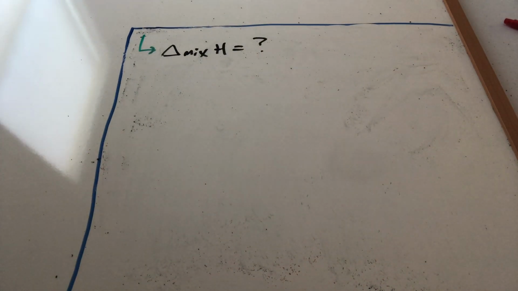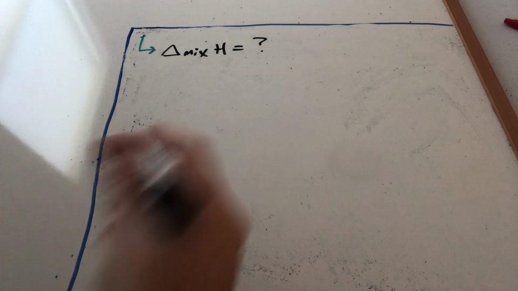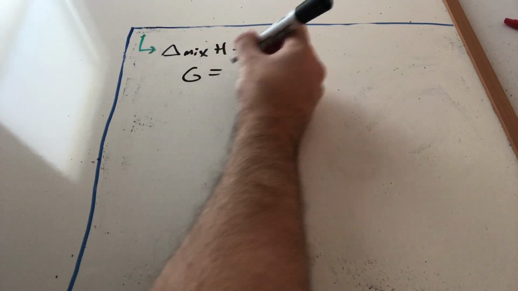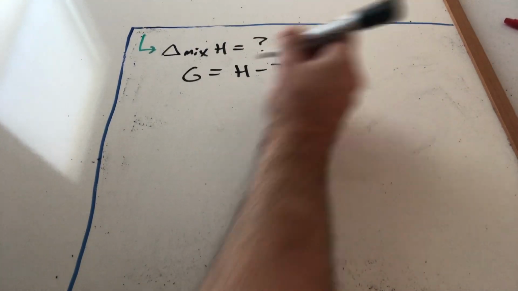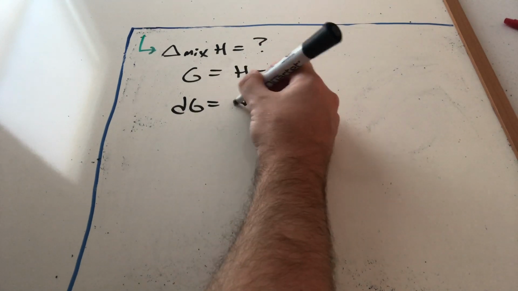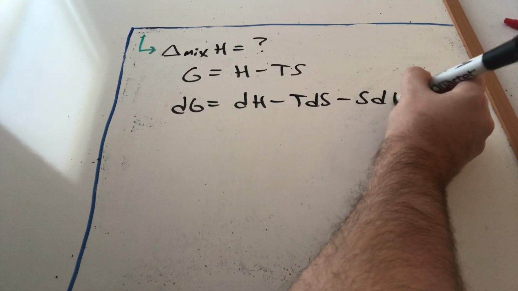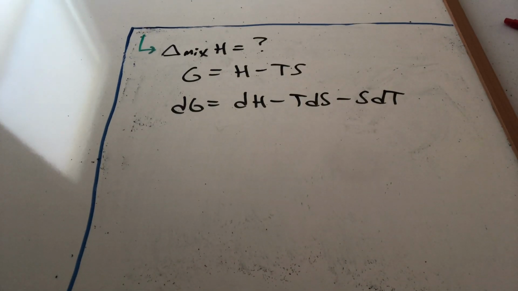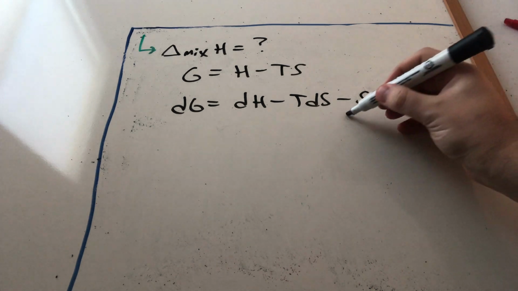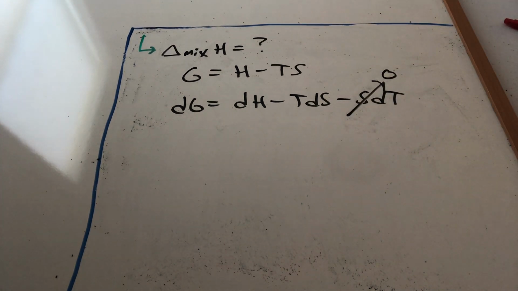What's this equal to? Now for a fixed temperature and pressure, all right? Remember we have G is H minus TS, dG is dH minus T dS minus S dT, all right? Where are we analyzing our mixtures? We're analyzing them under isobaric and isothermal conditions, right? So this goes away.